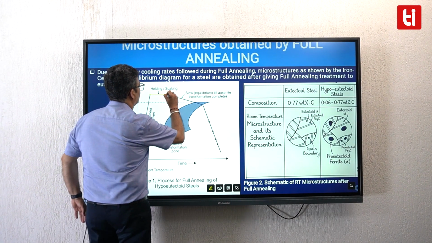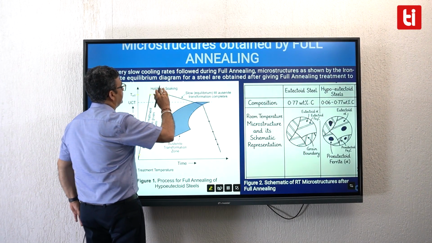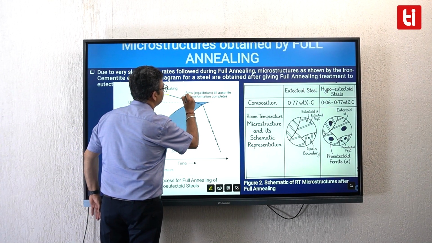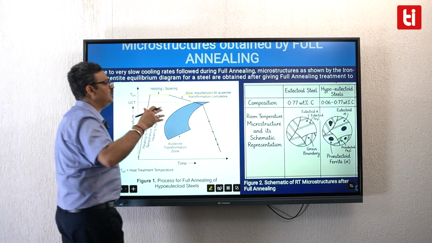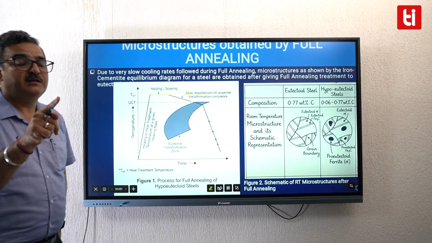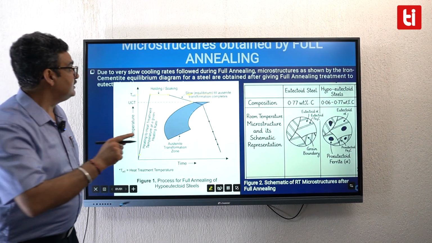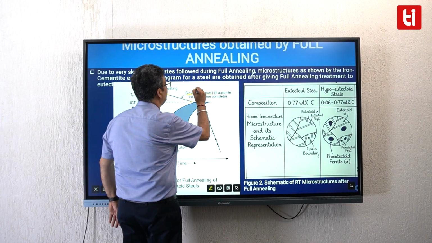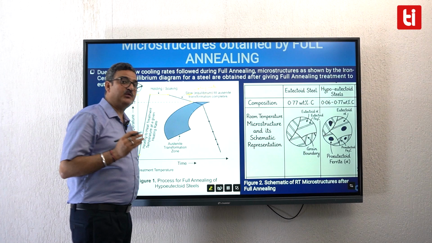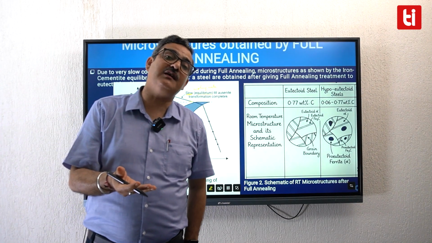And after this holding has completed, we'll start cooling the steel at very, very slow equilibrium cooling rates. But till what temperature, till what time will these slow cooling rates be adhered to?